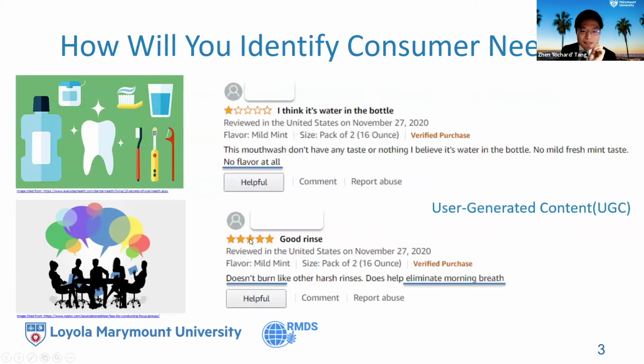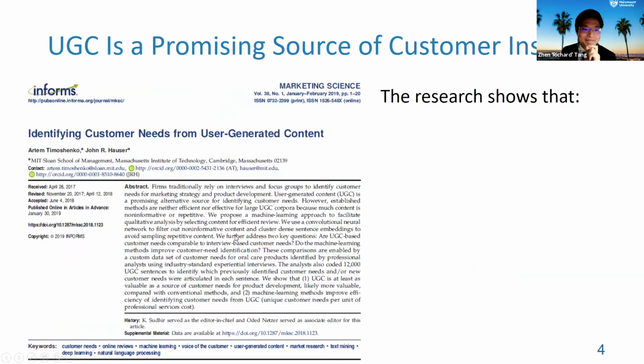And the question you might have is how efficient or effective those consumer needs generated from UGC are compared with those traditional methods like a focus group. A newly published paper in Marketing Science, which is a top journal in our marketing and business area, claimed that they did an experiment using user-generated content for oral products on Amazon.